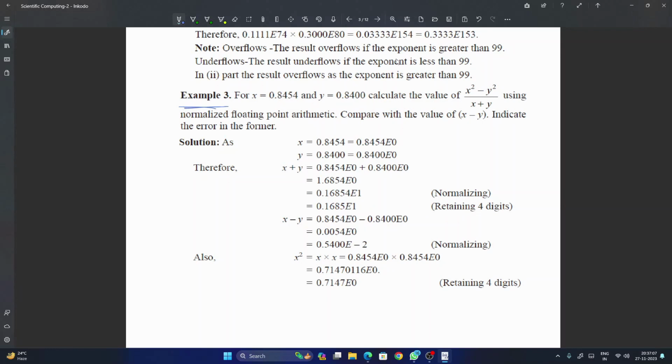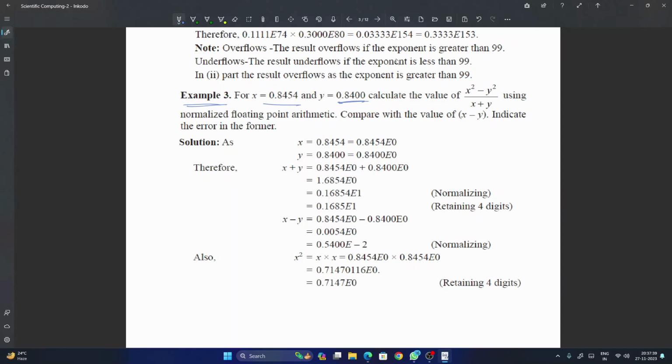Now take another important example, which is example 3. Take two values, suppose x equal to this and y equal to that, and calculate the value of x square minus y square divided by x plus y using normalized floating point arithmetic. Compare it with the value of x minus y and indicate the error, whether absolute error, relative error, or percentage error, that is, the difference between these two values.